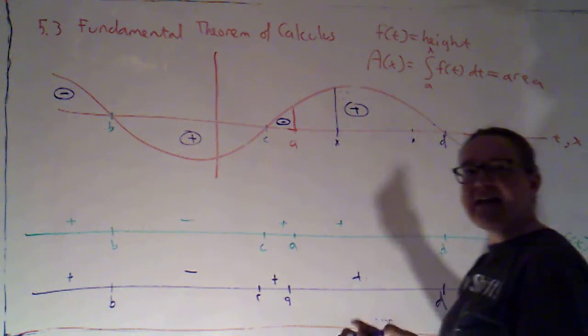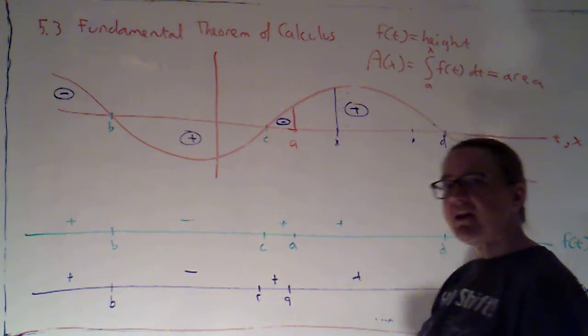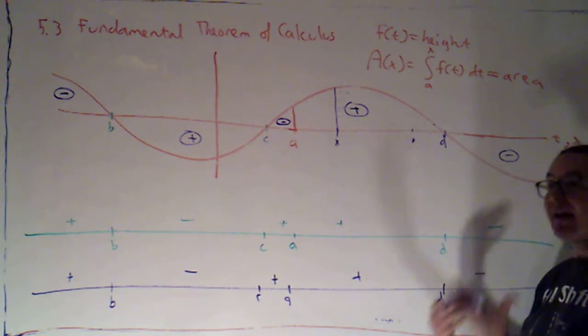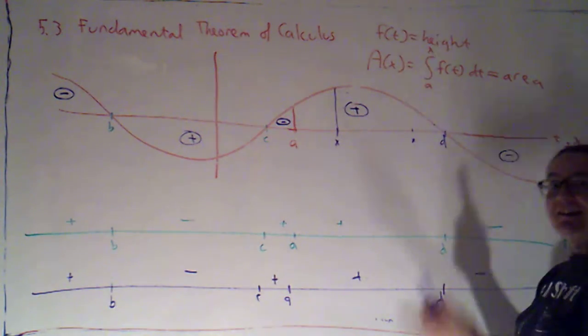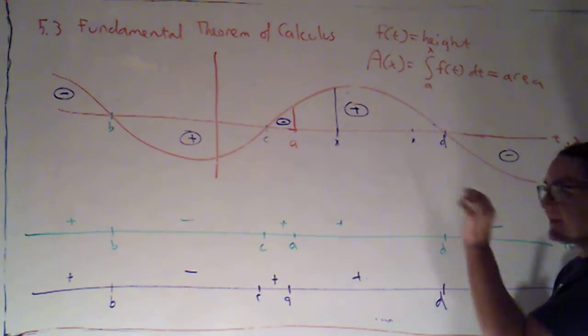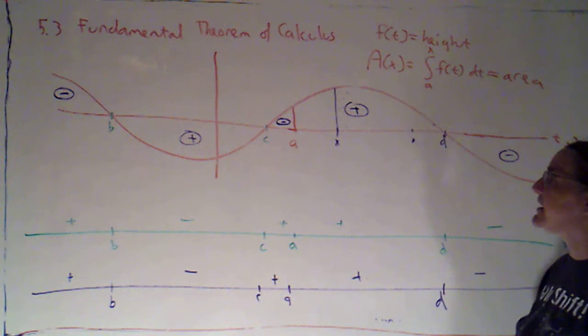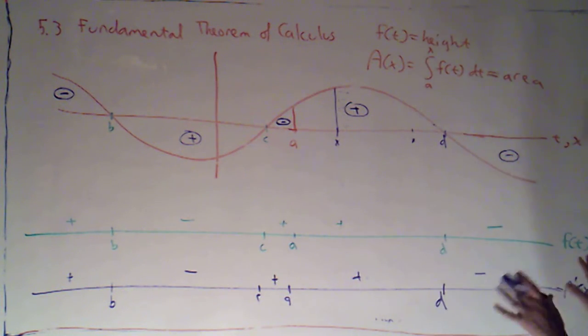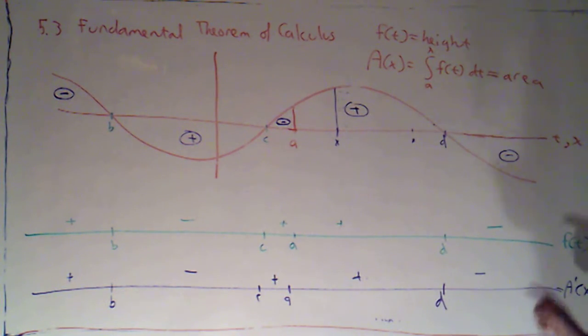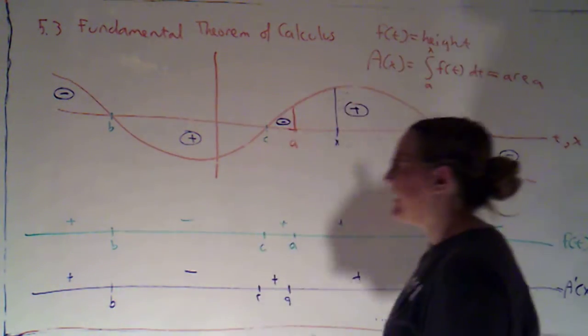So when the height is big, the change in area is going to be big. And when the height is small, the change in area for the same amount of change in x is going to be a lot smaller.